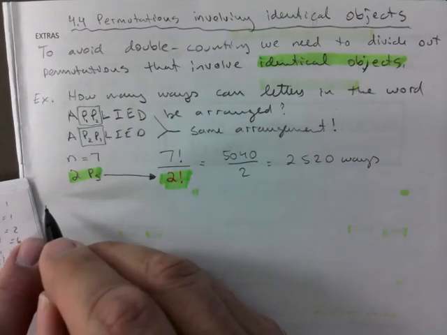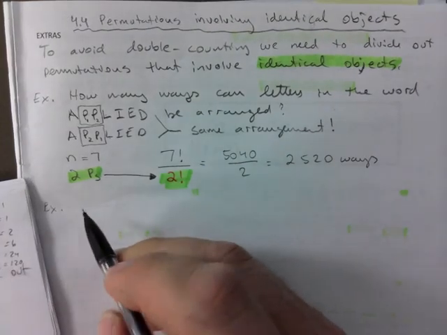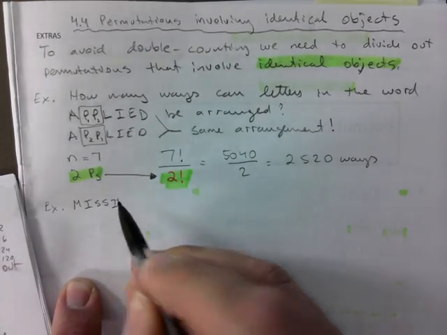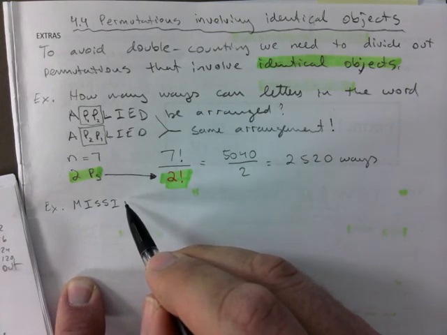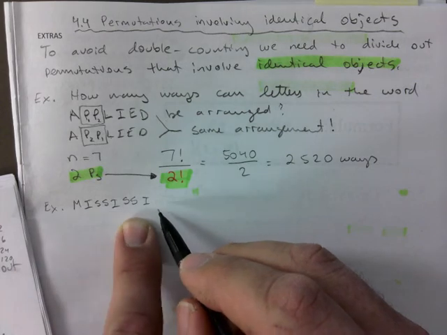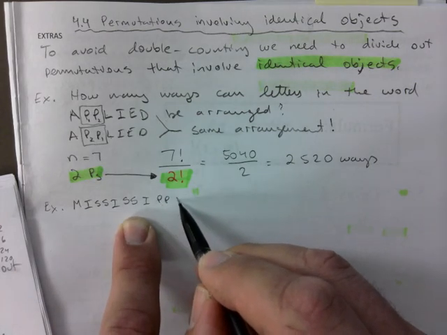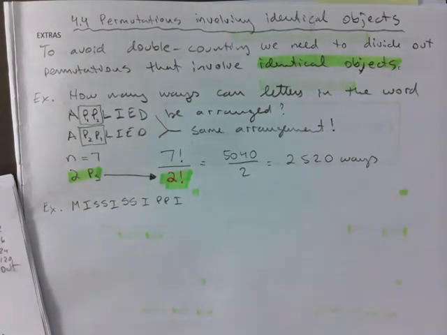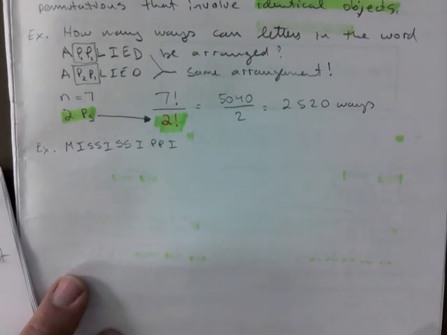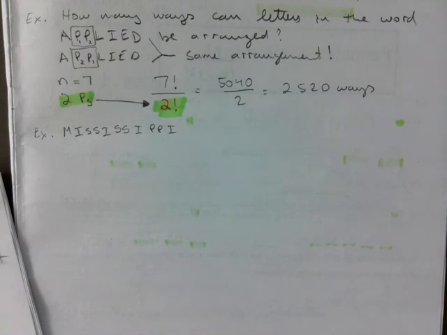What about Mississippi? That's a classic, by the way, guys. If you look on YouTube for permutations involving identical objects, Mississippi is almost guaranteed to be one of the classic ones for this particular problem.